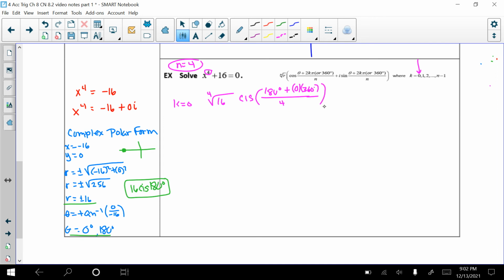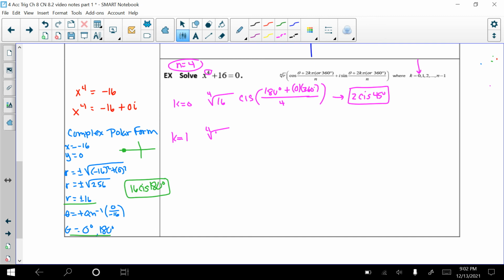All right, so a little number crunching. This will end up giving us the fourth root of 16, I know it's 2, cis, 180 divided by 4 is actually 45 degrees. I'm going to box that. And then I keep going, let k equal 1 this next time.